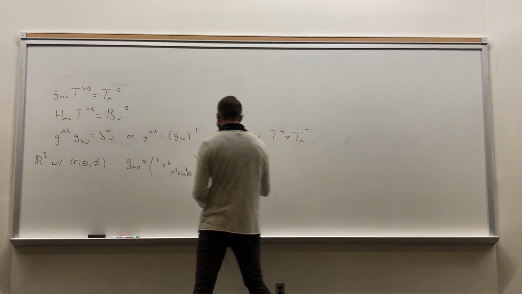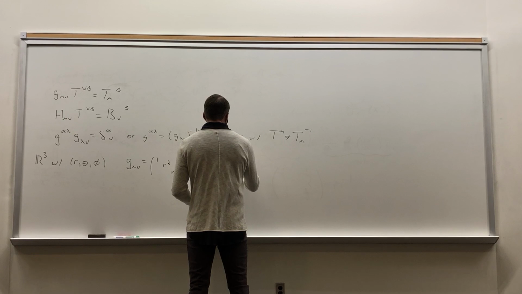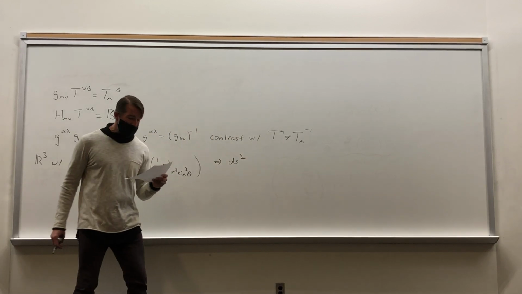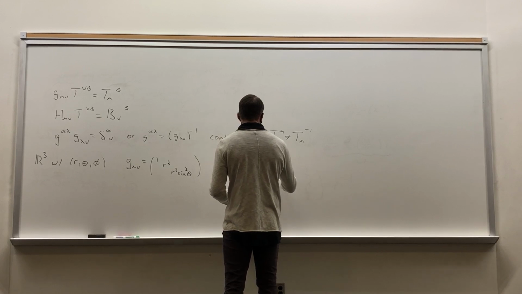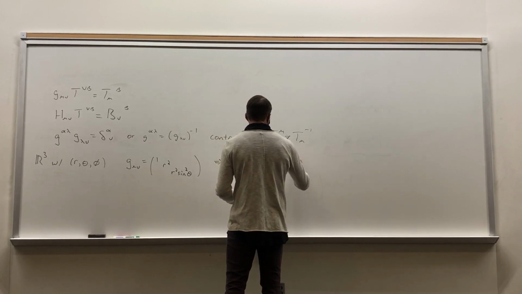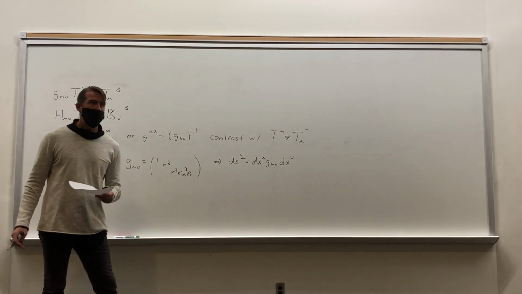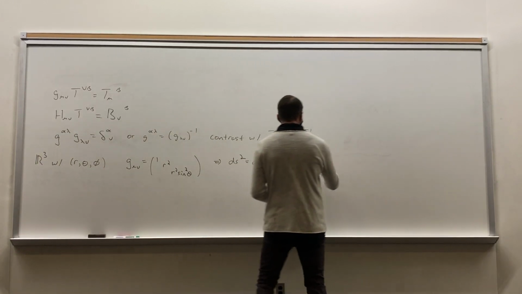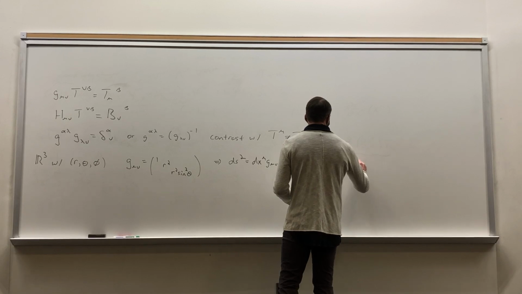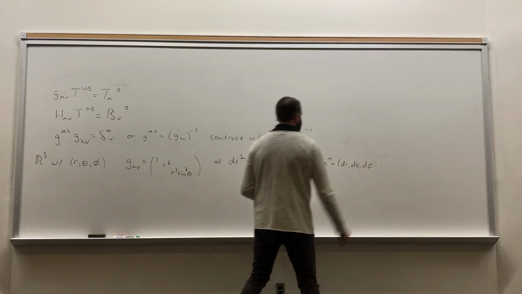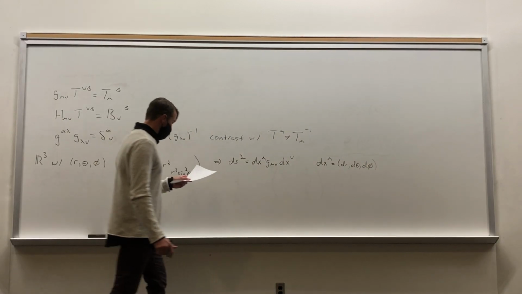Okay, and let's see how we use this. So if I want the line element squared, ds squared, what I do is I take dx^μ g_{μν} dx^ν, where a dx vector is just dr, dθ, dφ.